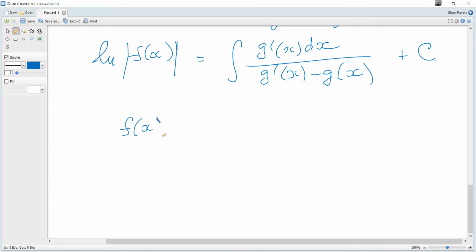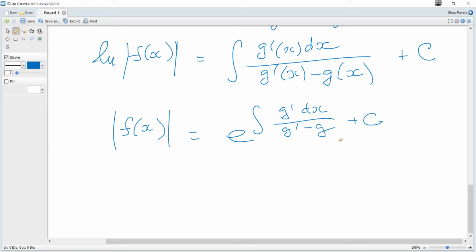F of x, in general its absolute value, equals e to the power of this integral plus c. But 2 to the power of 3 plus 5 is what? 2 cubed times 2 to the power of 5. So it becomes multiplied by e to the power of c, and a constant to the power of a constant is just another constant. So it becomes just a constant times e.